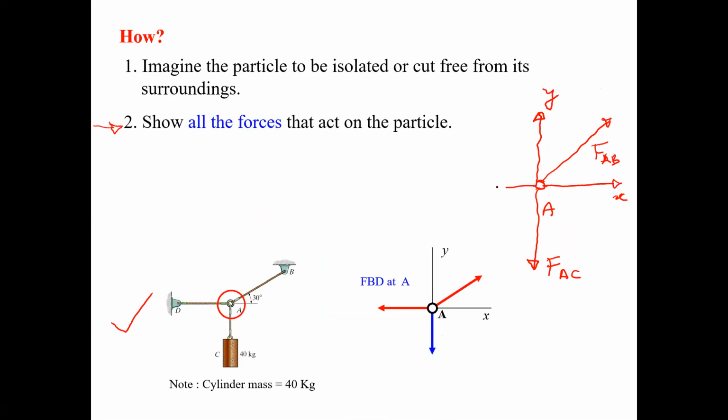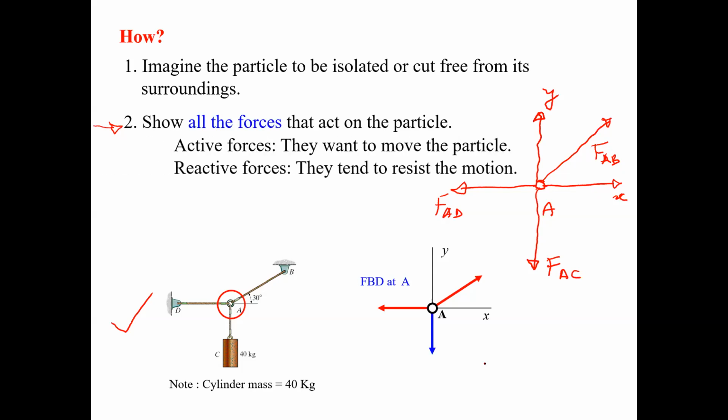So let's draw that. This is your force FAD, or we can say TAD, right? So now we are done with the second step. We have shown all the forces acting on that particle, acting at point A, right? So there are three forces acting at point A: FAB, FAD, and FAC, right?